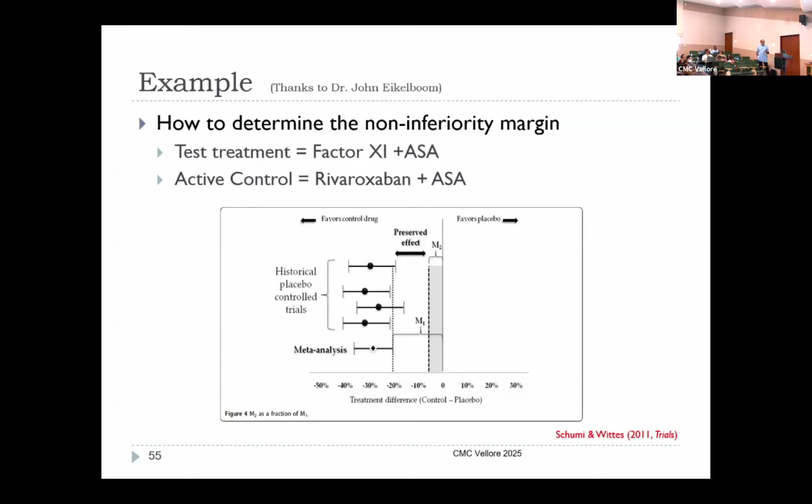And the M1 from rivaroxaban studies was minus 20 here. And then they were forced to preserve quite a bit. So then M2 was this one here, and they have to use the M2. But this is from many placebo-controlled trials. They were able to get that, and that's how they got from the meta-analysis the M1, and they were forced to do this.